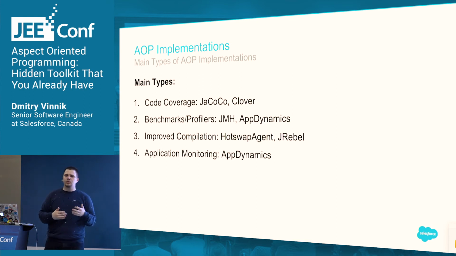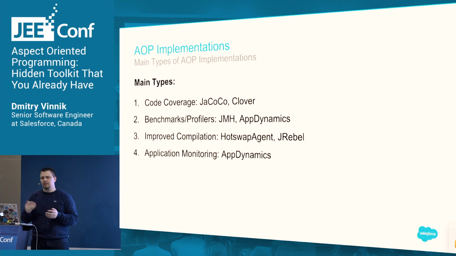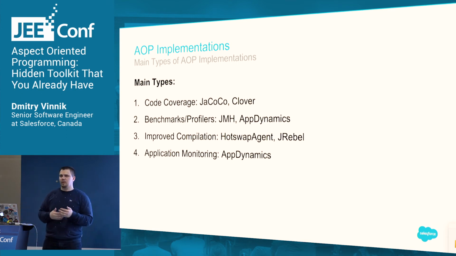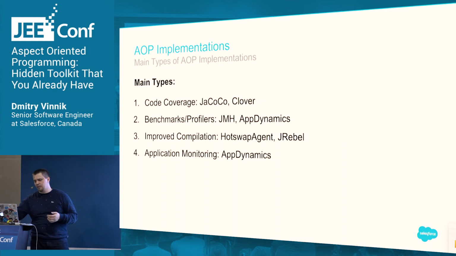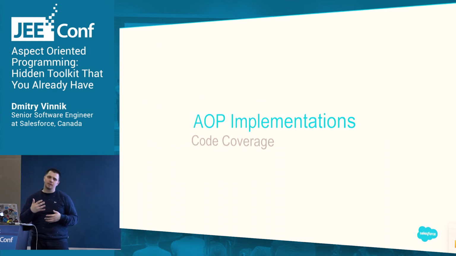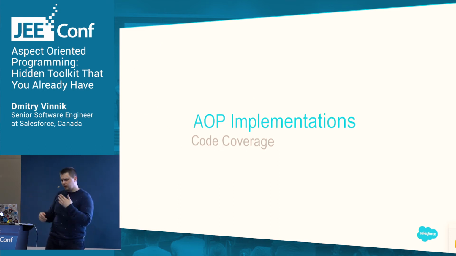There are improved compilation Java agents such as HotSwap Agent or JRebel that people talked about in previous talks, and of course application monitoring of some sort. I only found a simple one, the enterprise Java agent, but again there are a lot more. You can write your own, I would say. So let's begin with the code coverage implementation.